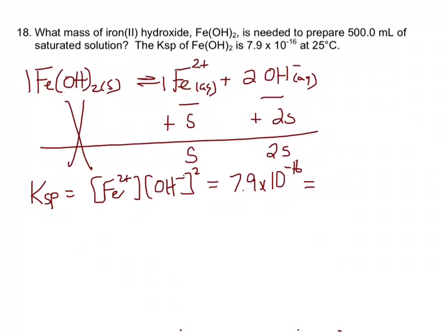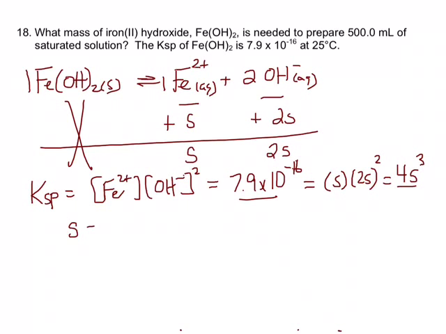And that's equal to S times 2S squared, just substituting from the equilibrium line of the ice table into the Ksp expression. 2S squared equals 4S squared, and when you multiply that by the S in front, you get 4S cubed. So the Ksp is equal to 4S cubed.